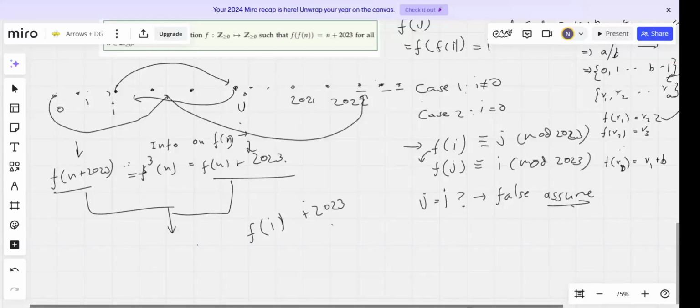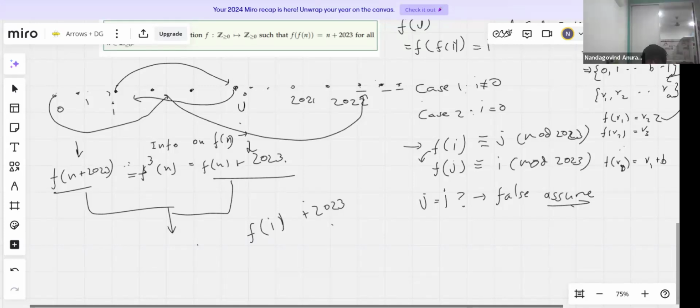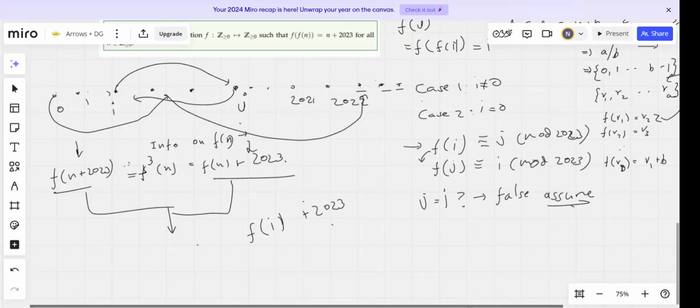Then, actually, no, wait, just a minute. Assume f maps i to j; by injectivity, j is never equal to i. I think I have it by injectivity.